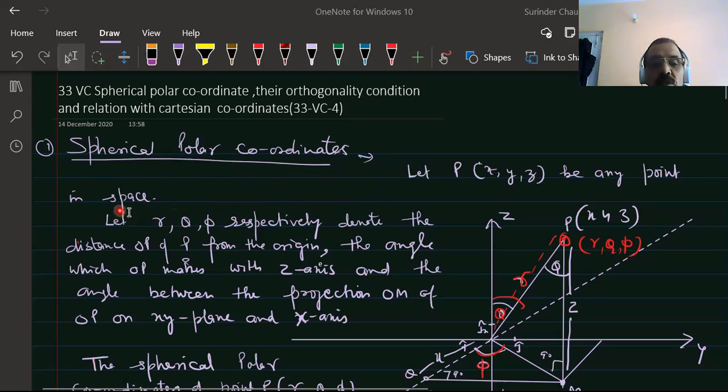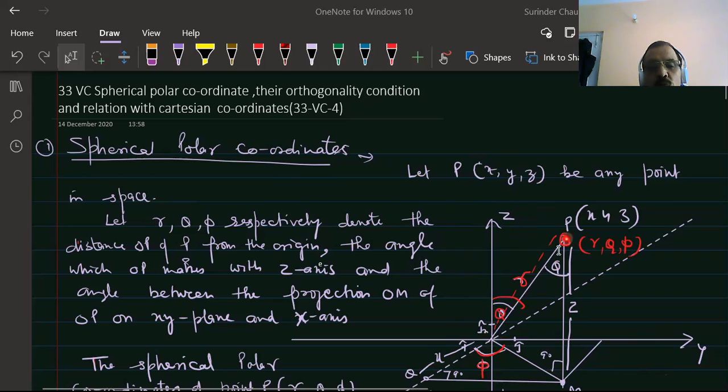So let's first find the relation between the Cartesian and the spherical coordinates of a point. Let P with the Cartesian coordinates x, y, z be any point in space. We have a three-axis Cartesian coordinate system: x axis, y axis, z axis.